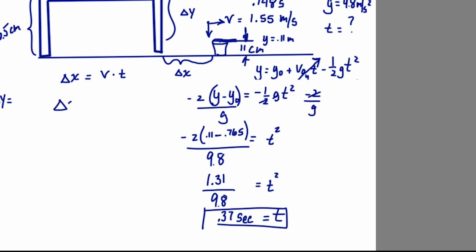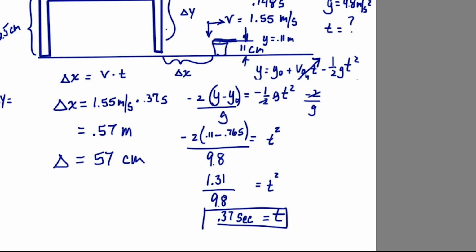So delta x equals, what is our velocity? 1.55 meters per second times t, which is 0.37 seconds. So 1.55 times 0.37 is 0.57 meters. So that's 57 centimeters.